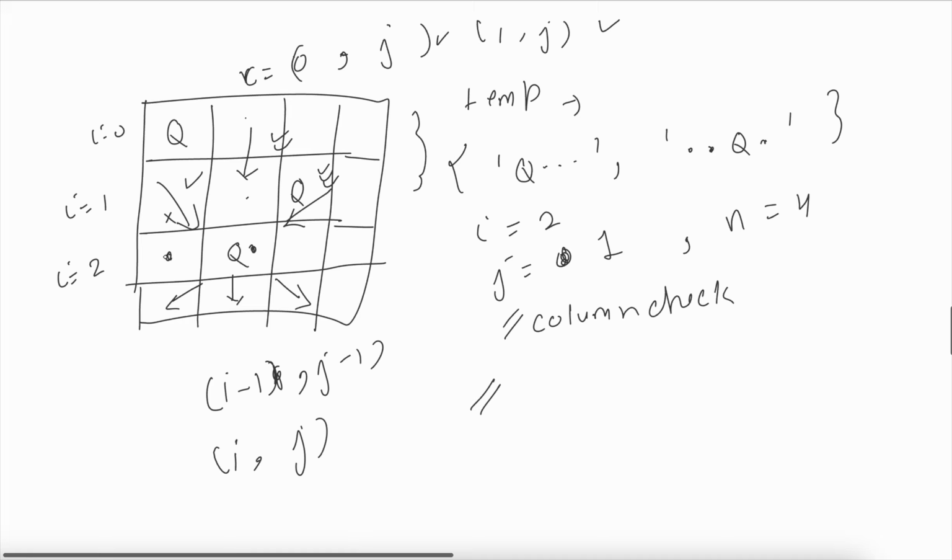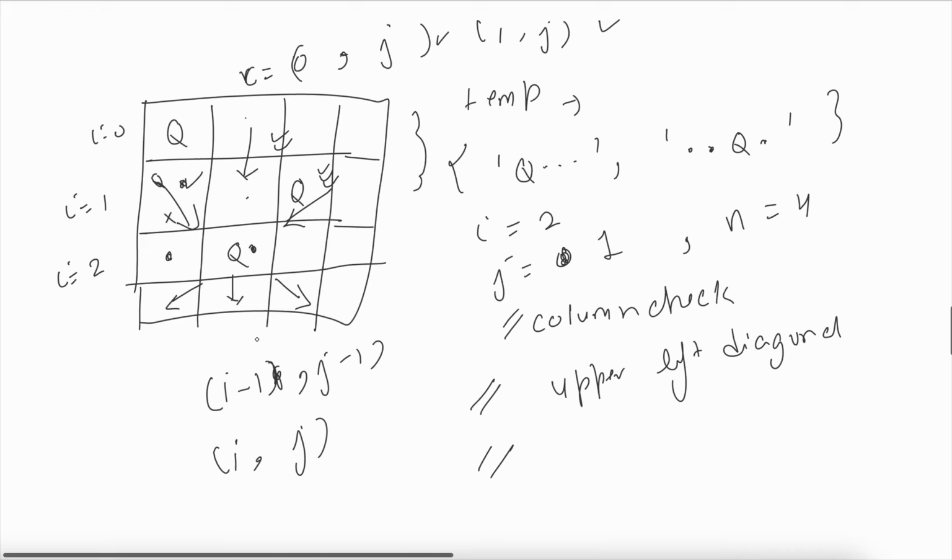From i comma j, you move to i minus 1, j minus 1. Similarly, you will move along this diagonal by reducing minus 1, minus 1, minus 1, and check whether we have q here, here, and here. Then you will check correspondingly. Like this you can check the upper left diagonal.